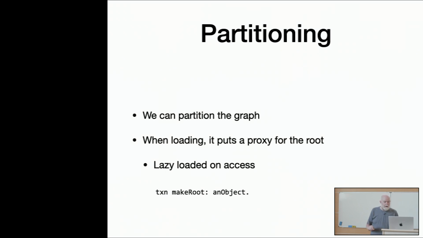And for that, we have the possibility to denote any object in the graph as a root object. That happens by just saying transaction make root this object, and then when the graph is loaded, it stops at that point, and it puts a proxy there.